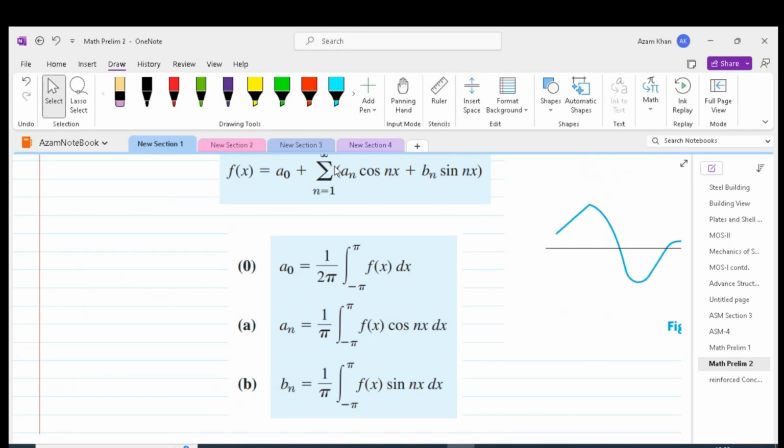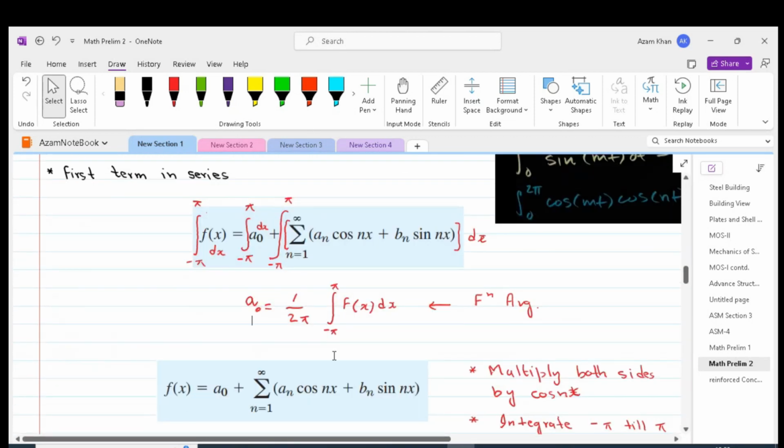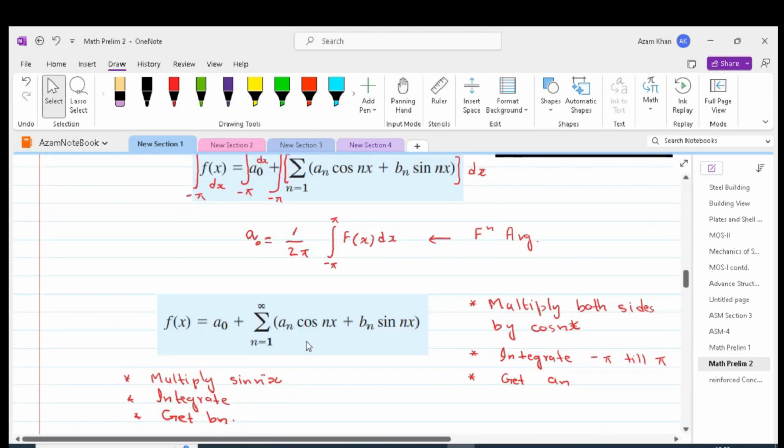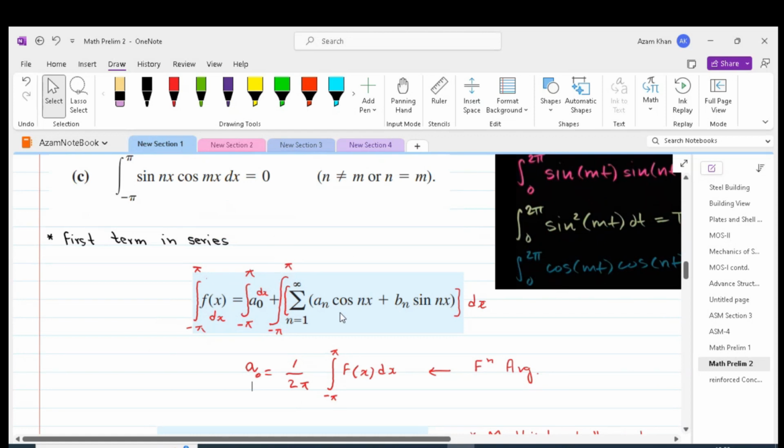In order to find an, we multiply both sides by cos nx. So f of x is multiplied by cos nx, a naught is multiplied by cos nx, and this whole term consisting of cos nx and sin nx is also multiplied by cos nx. Then we integrate that between minus pi and plus pi dx, the same thing we did over here.